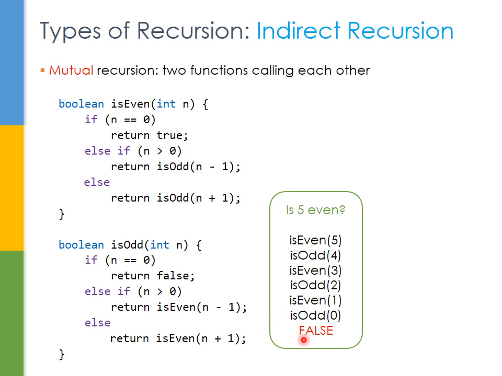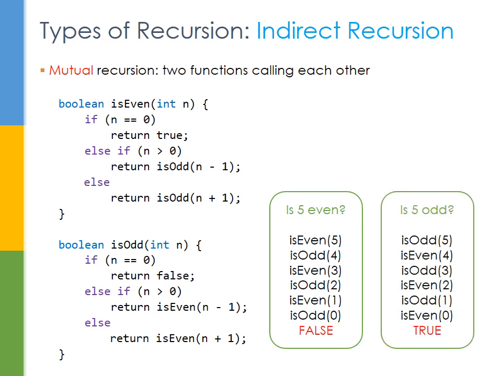That results in a false return, and that will be returned backwards through the series of recursive calls that we've performed until eventually we reach the original is even that was called, and that will return false. So that will give us a false result, indicating correctly that 5 is not even.